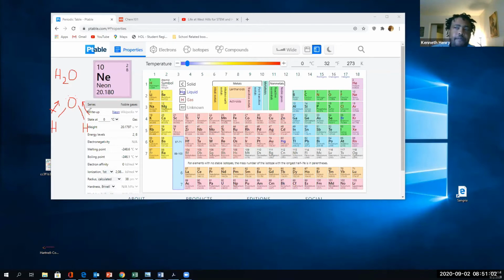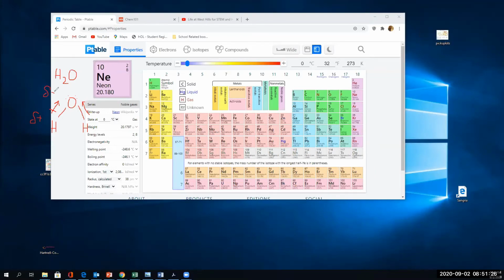So it forms what we call a dipole. Di meaning two, pole meaning two poles. So in that case, instead of being totally neutral, it's going to have what we call a partial positive charge on this side, and this guy is going to have a partial negative charge.